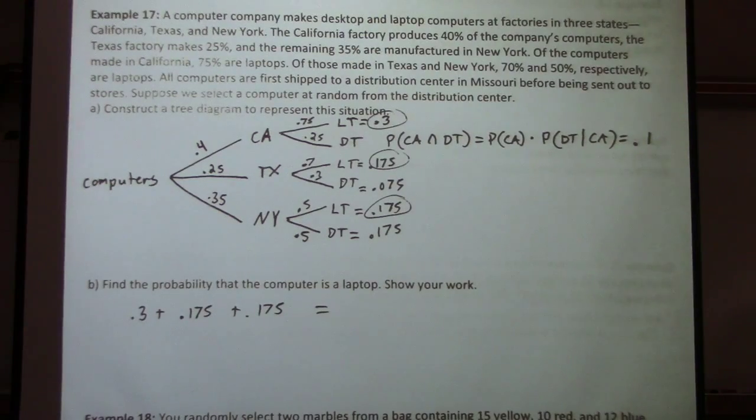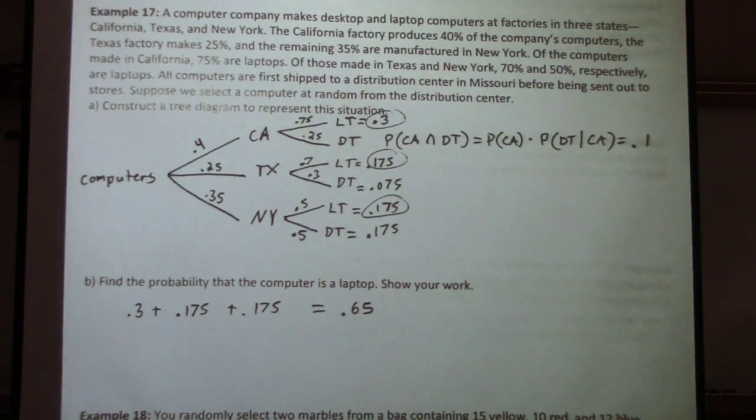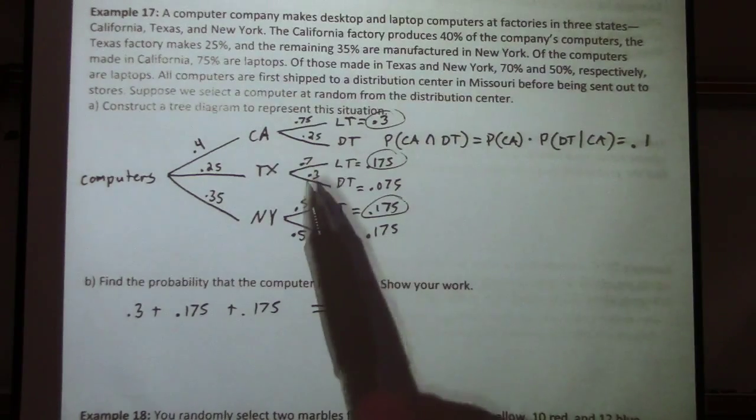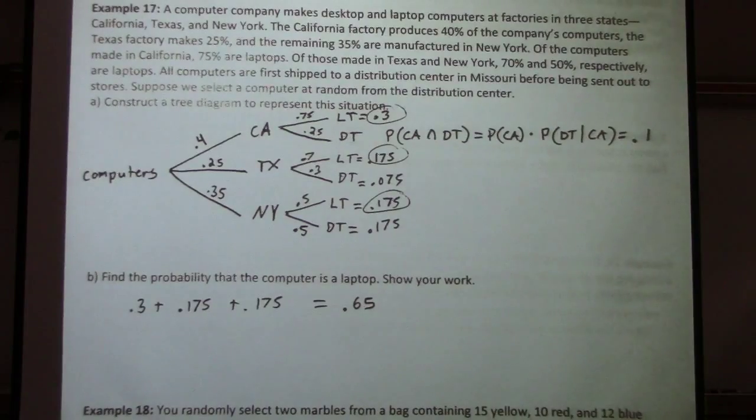What do we get there? Cool. So good questions on the AP or on my test would be to give you a tree diagram and leave some pieces of information missing.